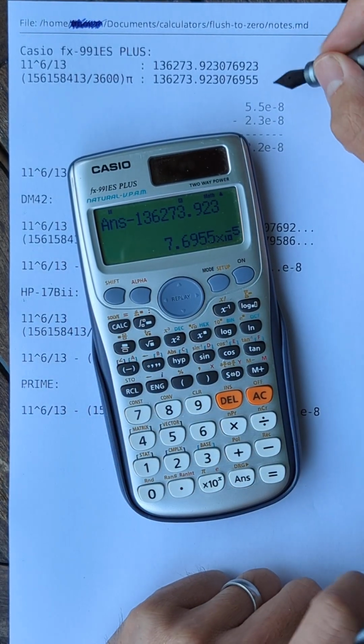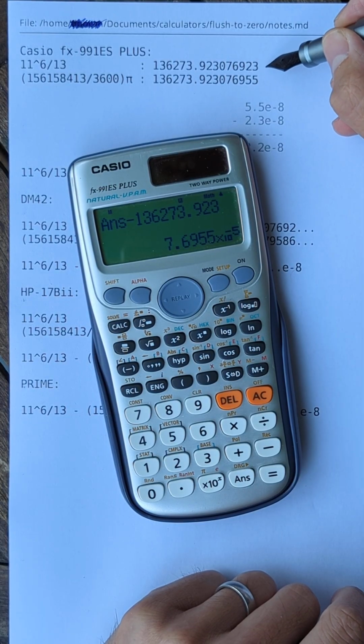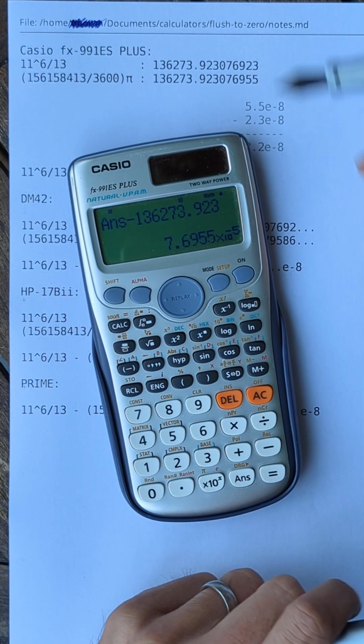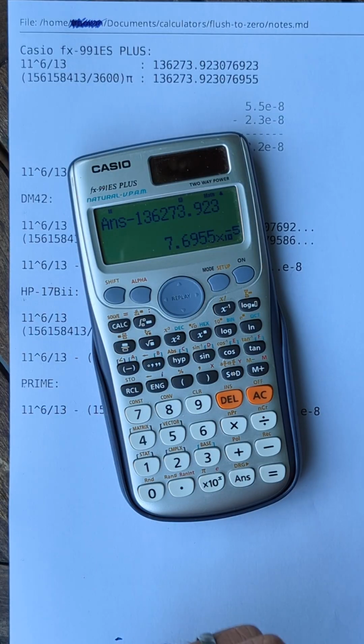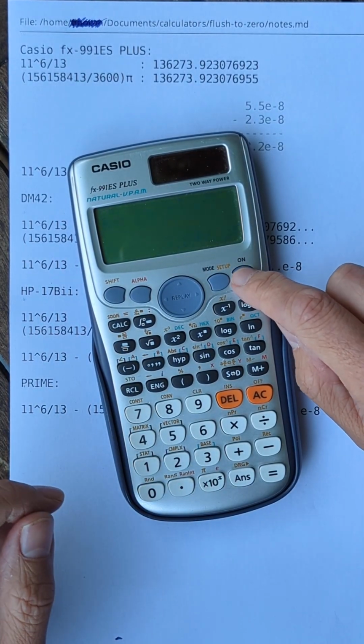So I've got the results written up here, hopefully you can see them. You got 6923 at the end of this one and 6955. So it doesn't even think they're the same number, which is interesting.